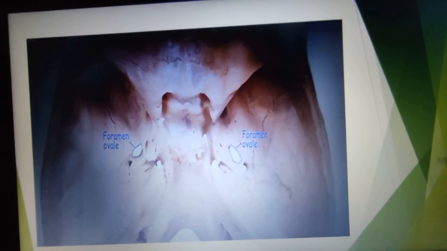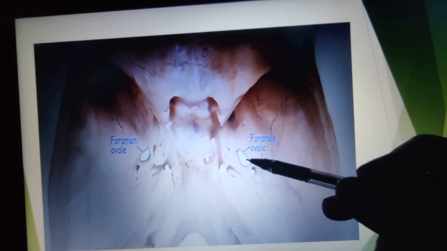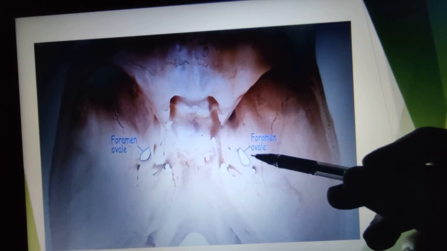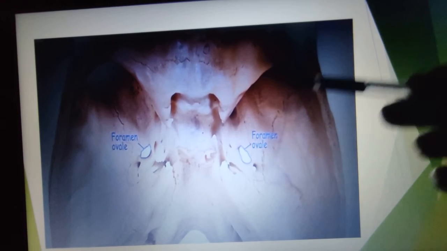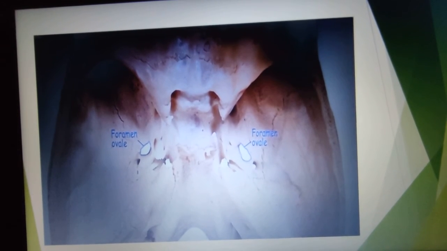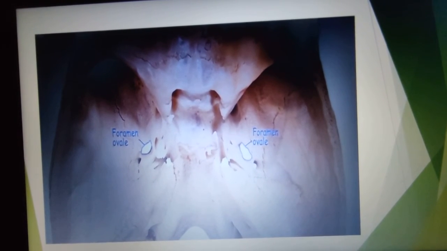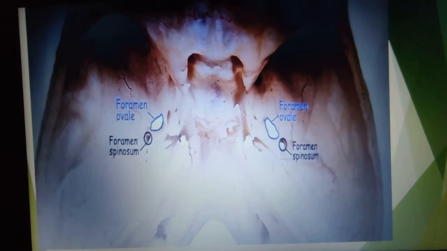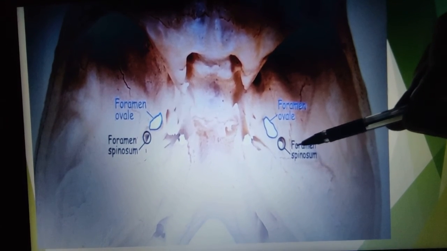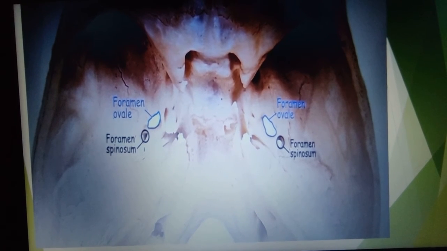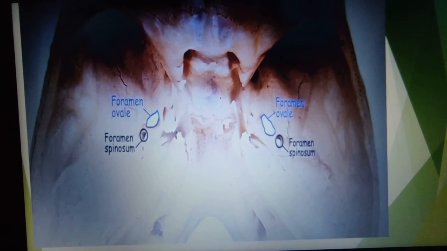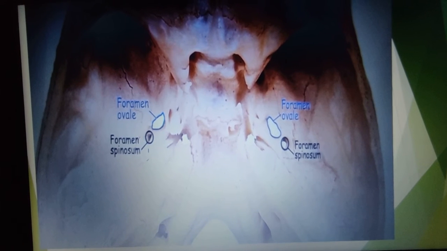Next, moving to the foramen ovale. There is a mnemonic for the foramen ovale: MALE. Mandibular nerve, accessory meningeal artery, lesser petrosal nerve and emissary vein. Next, the foramen spinosum transmits the middle meningeal vessels and nervus spinosus.